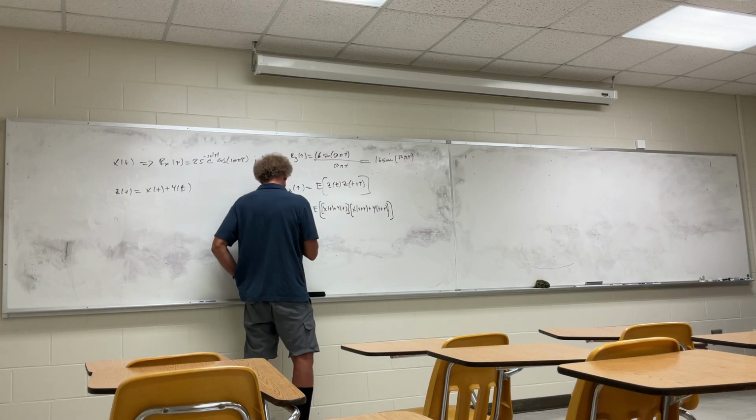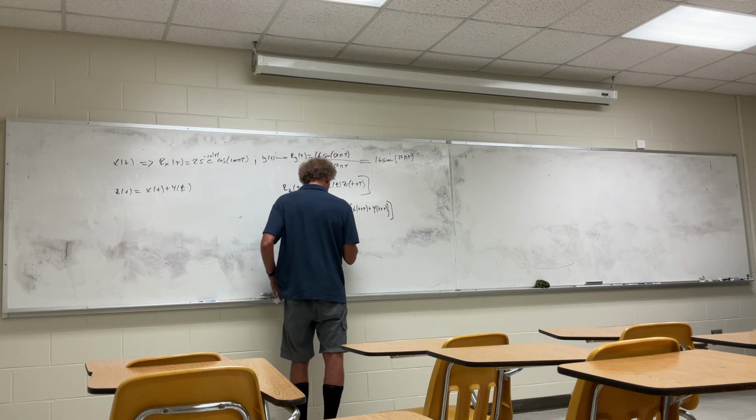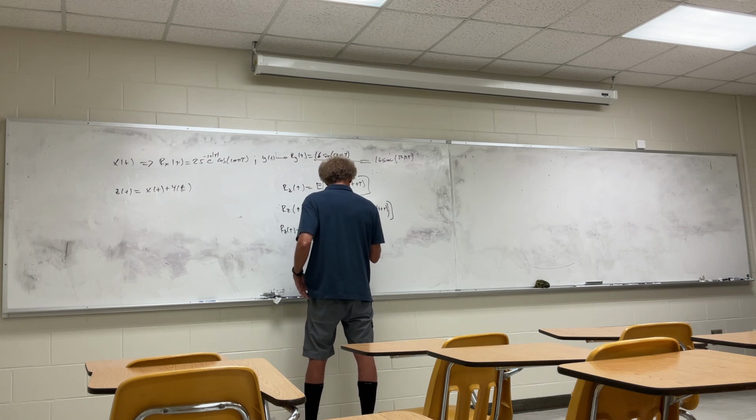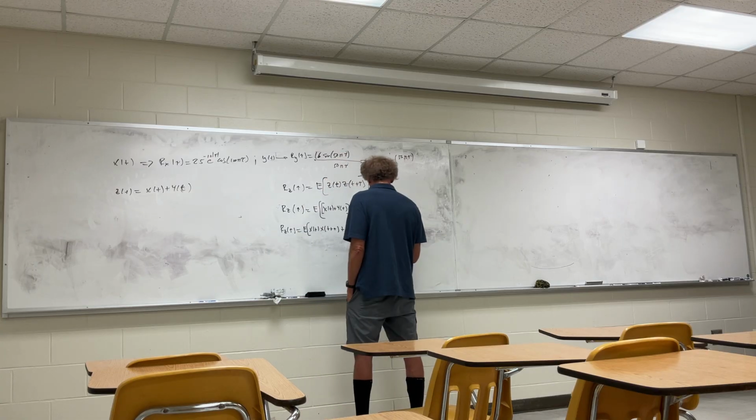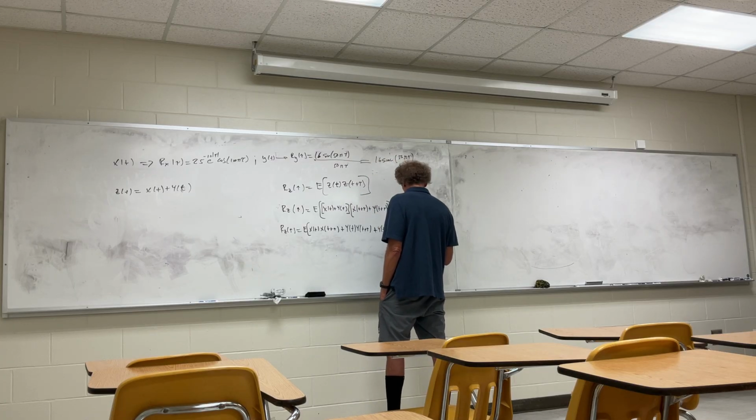So when I do this, I find my r z of tau, this is part A of it, is going to be the expected value of x of t times x of t plus tau, plus the expected value of y of t, y of t plus tau, plus, and then I'm going to take the crossings, so it's going to be y of t times x of t plus tau plus x of t times y of t plus tau.